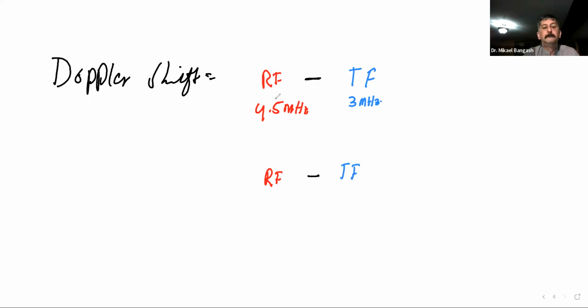Did you girls get that? So the Doppler shift here, as far as the numerical value is concerned, will be 1.5 megahertz. Right? Right, girls?